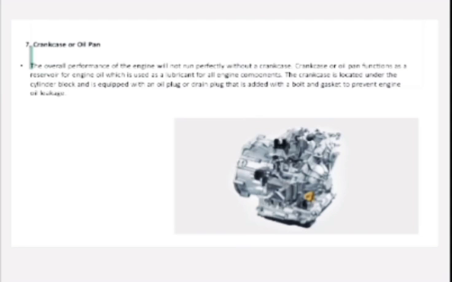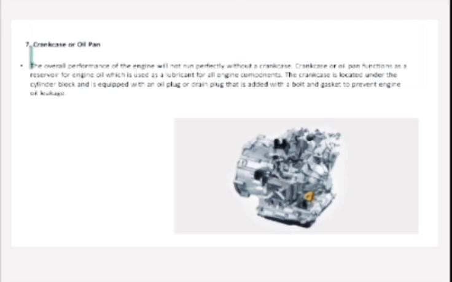7. Crankcase or oil pan. The overall performance of the engine will not run perfectly without a crankcase or oil pan, which functions as a reservoir for engine oil which is used as a lubricant for all engine components.